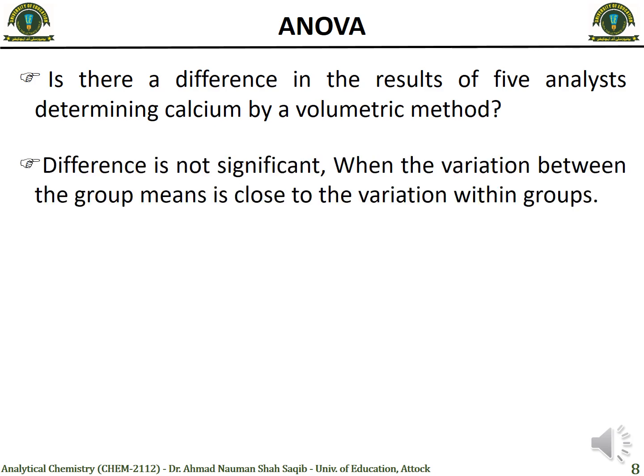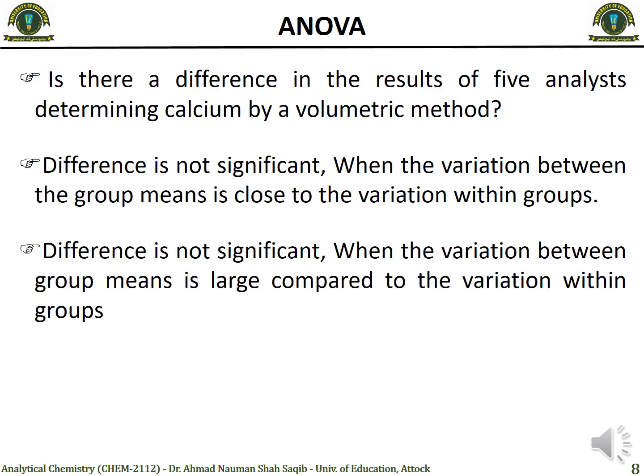If the variation between the group means, that is between different analysts, is close to the variation within the groups, the 3 analyses performed by the same analyst, it means there is not much difference between the results of the 5 analysts, and we can say that the results are reliable.